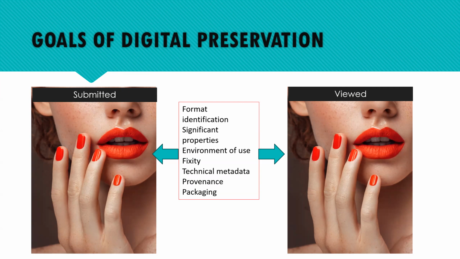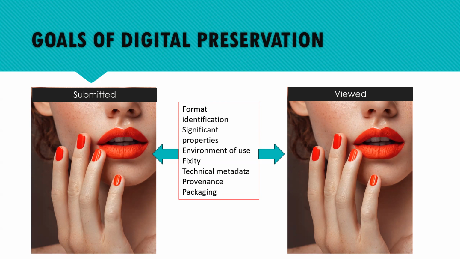And so that speaks to the need for archivists to work with researchers to have a better understanding of what the significant properties of records are. And it also speaks to the importance of archives working with records creators and donors to understand what the significant properties of a record are.